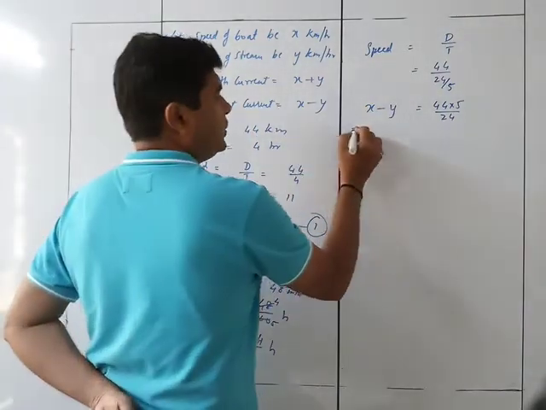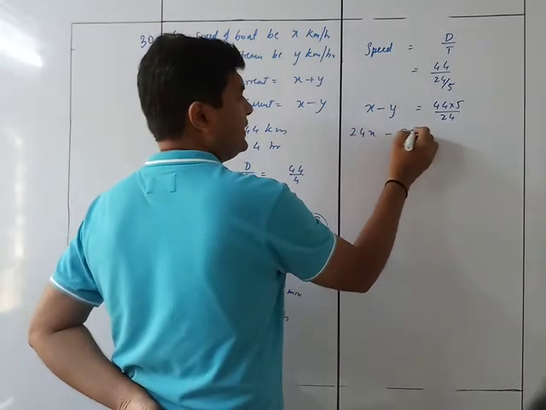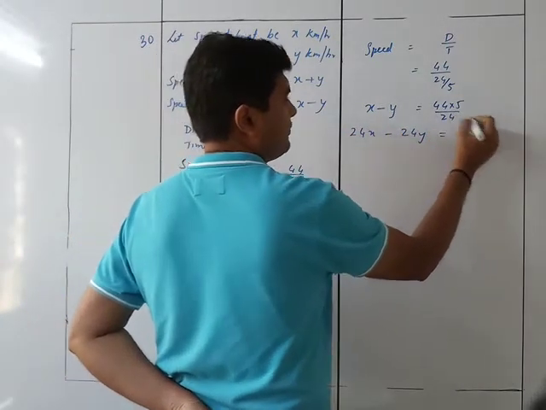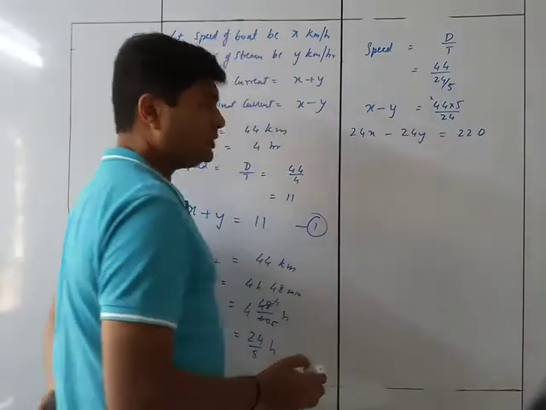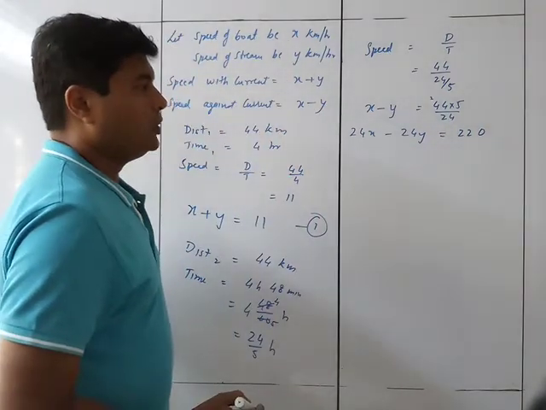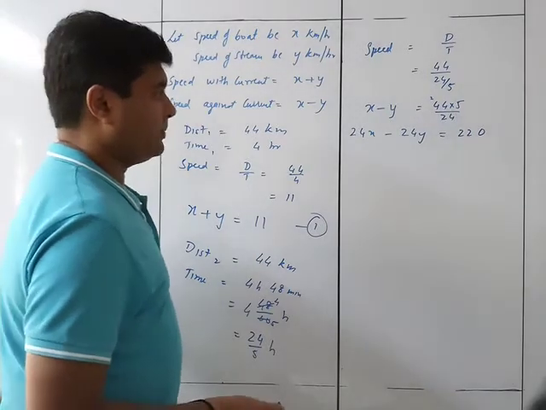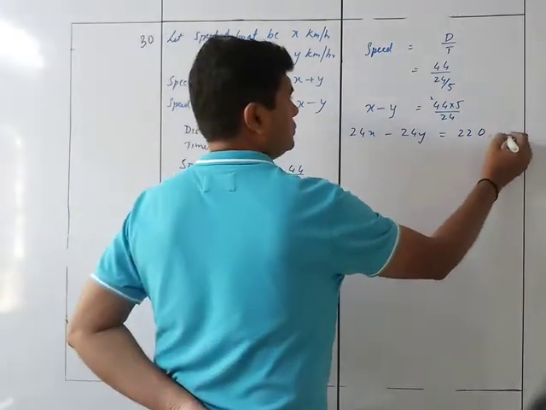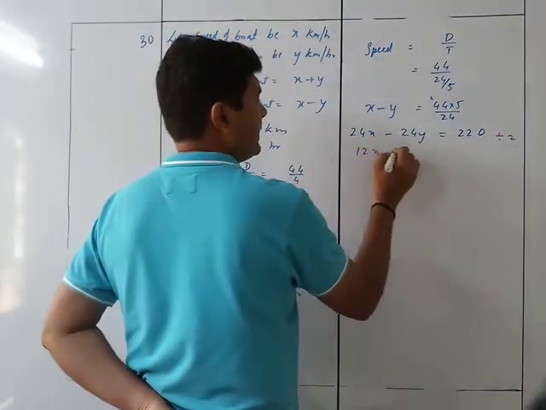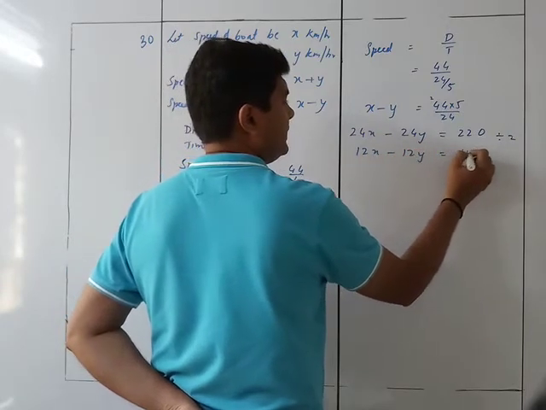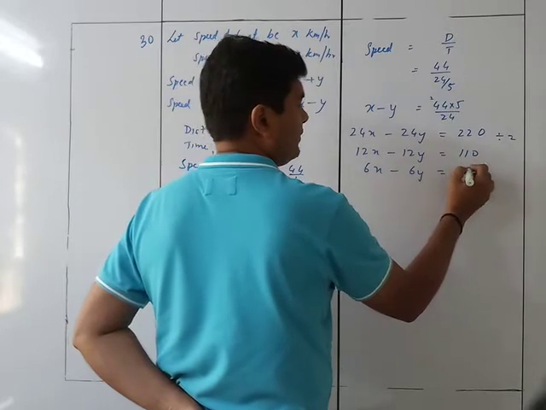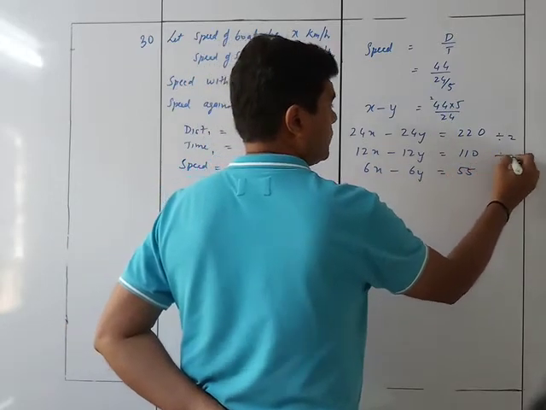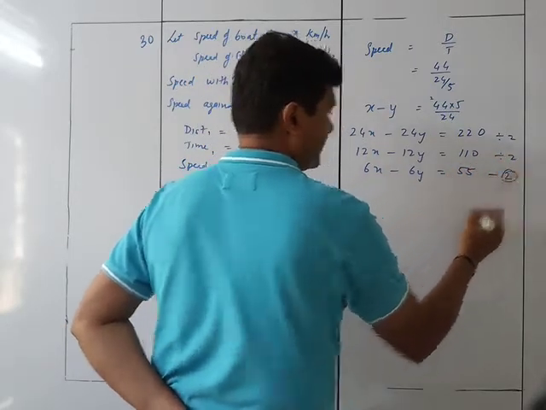So that will be 24x minus 24y is equal to 220. Max I can divide it by 2, so that gives me 12x minus 12y equal to 110. Again it will be 6x minus 6y equal to 55, divided by 2 again.